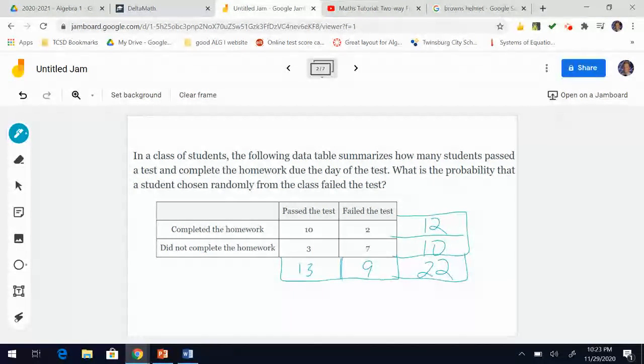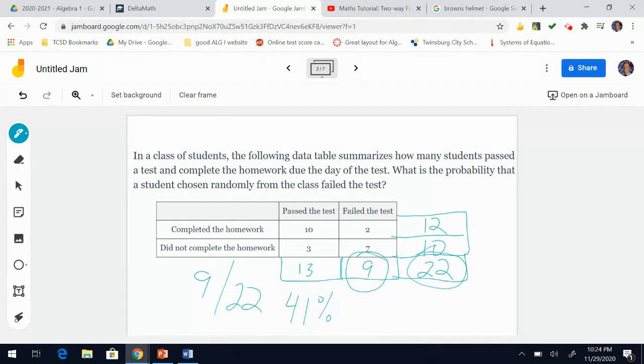We have 9 people who failed, so 9 out of the total of 22 students, which is just shy of 41%, but it rounds up. So 41% of the people failed.